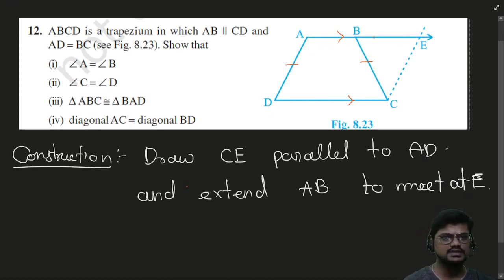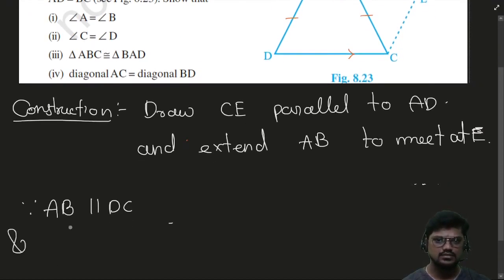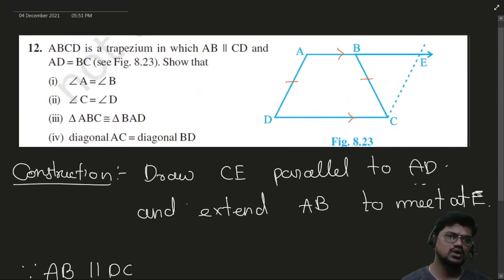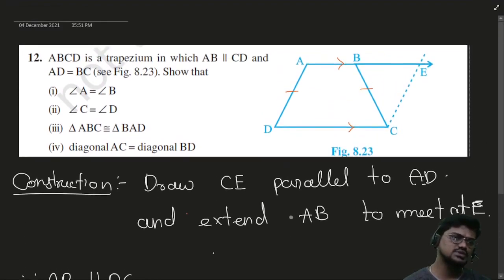See, we know that this line is parallel to this. Since AB is parallel to DC and AD is drawn parallel to EC. If two opposite pairs of sides of a quadrilateral are parallel, then it is what? Parallelogram.